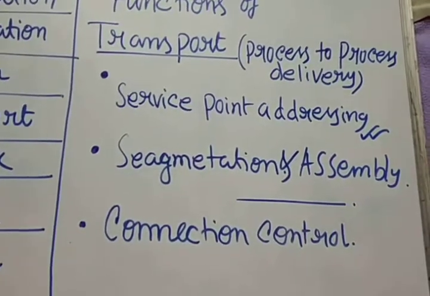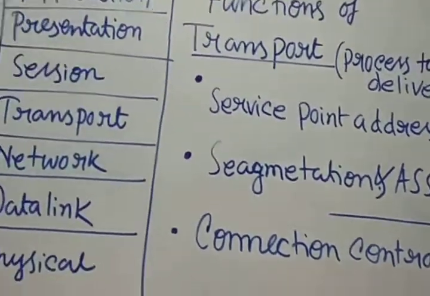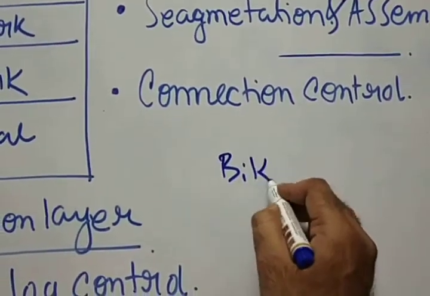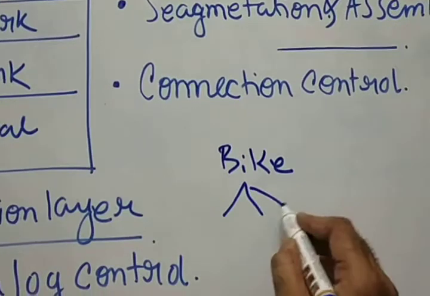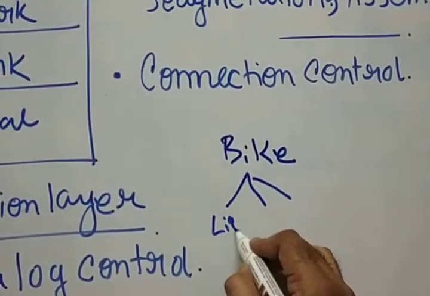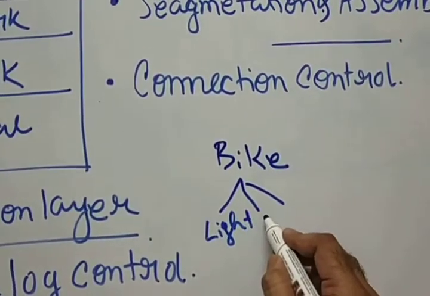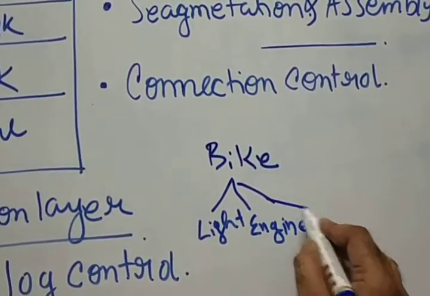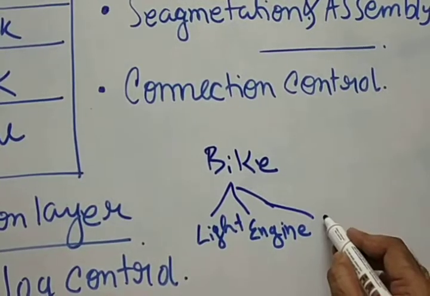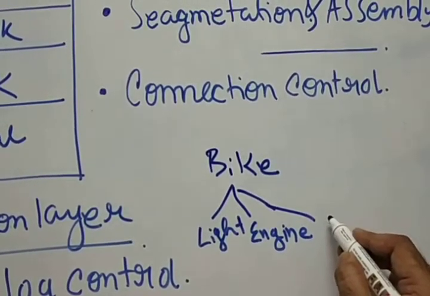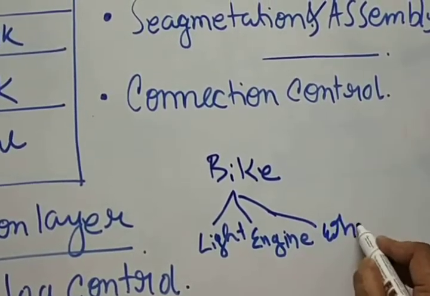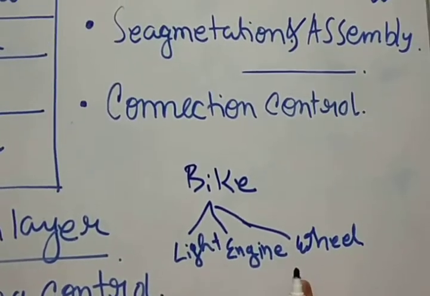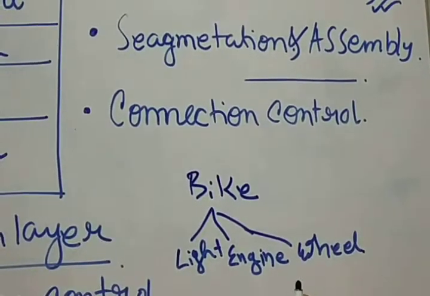The company decides to break each bike into three parts: light, engine, and wheel.